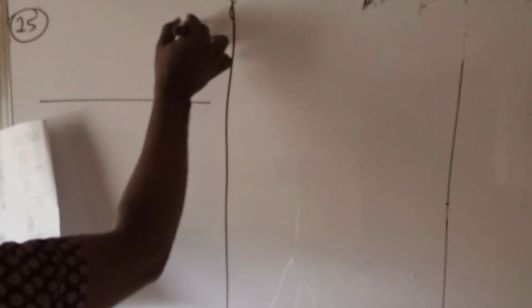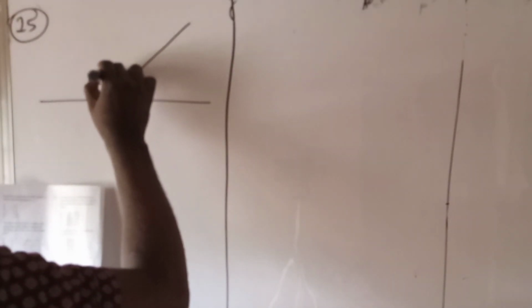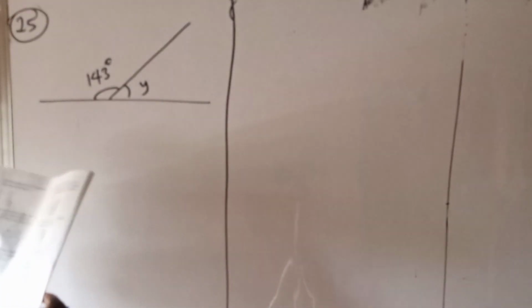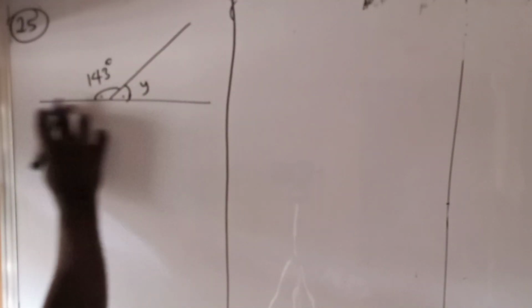All right, question 25, some geometry. So we have this diagram. Here is 143 degrees, and this is y. Find the value of y in the figure below. So these are two angles on a straight line.